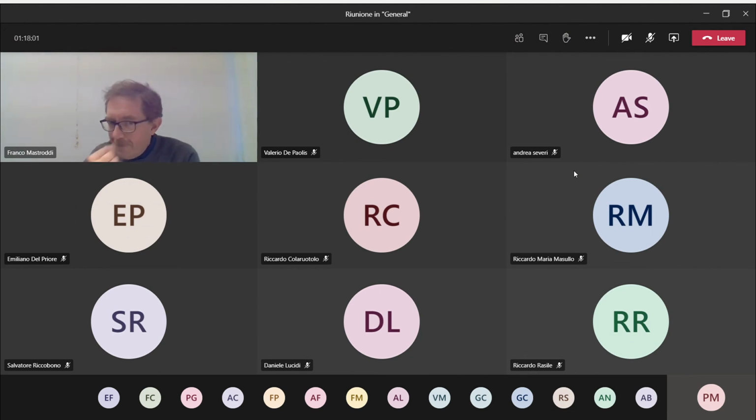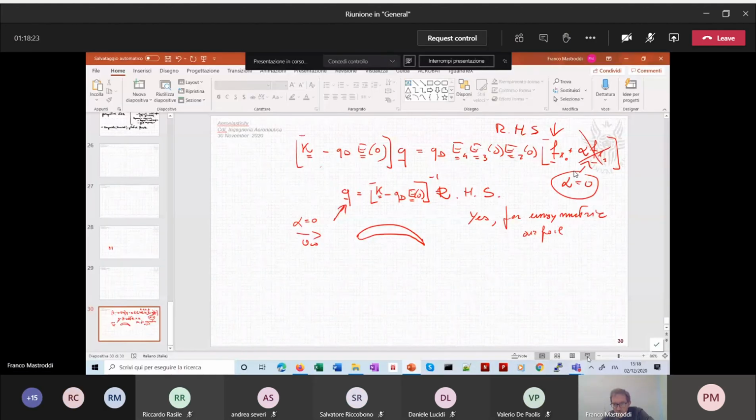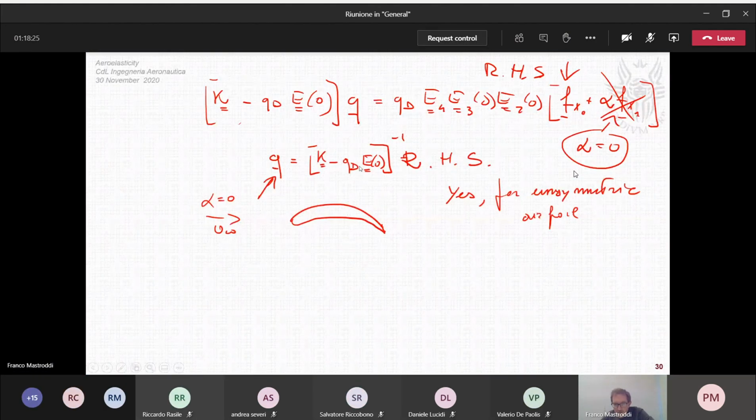Think about it, because I will ask you the question. I have a second question to give for you. Let me share the screen. My question is the following. Is it possible to invert this matrix always?